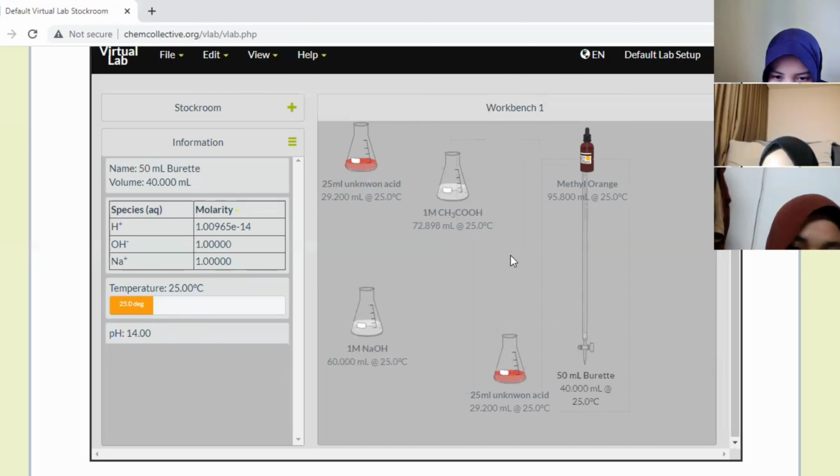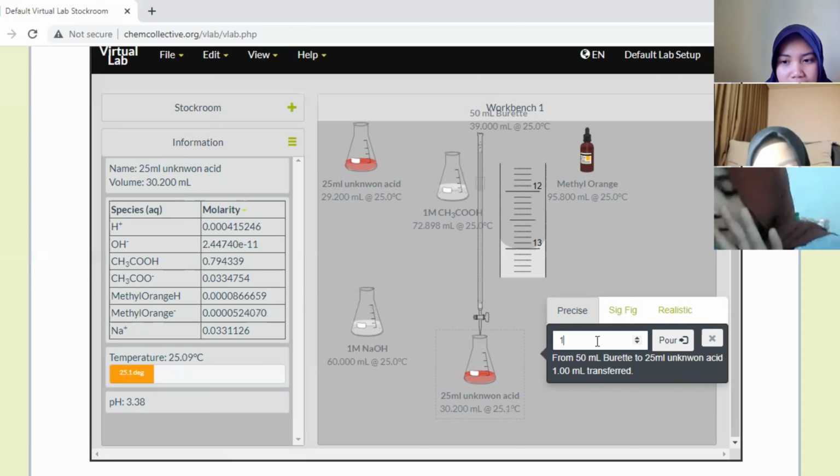This changed. I think we need more potassium hydroxide, or just one, because of the color, 40 milliliter.